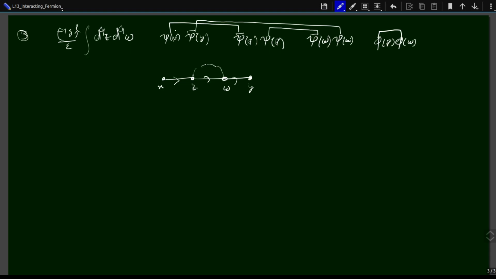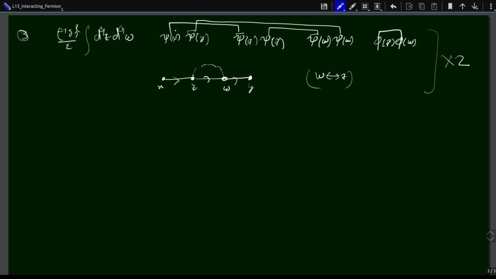Okay, now this diagram also, if I swap w and z, if it is swapped, there is another diagram. Okay, so that leads to multiplying by 2 because expression-wise it remains exactly the same. w and z are quantities that are integrated out, so there is no dependence on w and z.